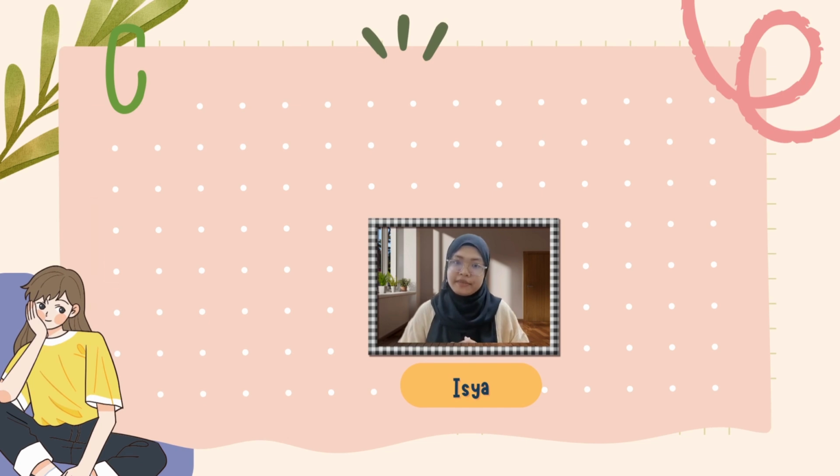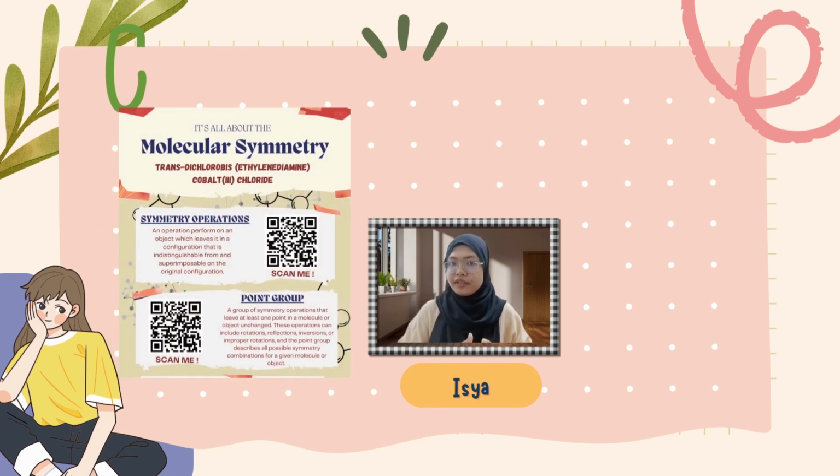Let's begin with symmetry operation. A symmetry operation is an action performed on an object that results in a configuration that is indistinguishable from and superimposable on the original. Next is the point group. A point group is a set of symmetry operations that leave at least one point in a molecule unchanged.